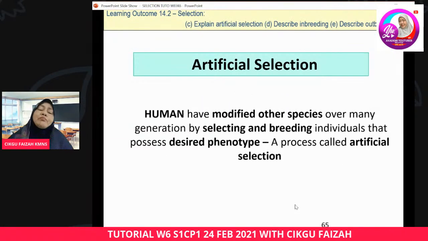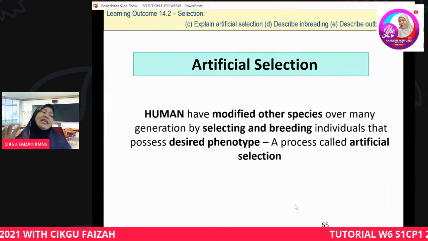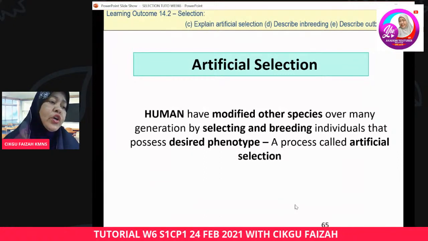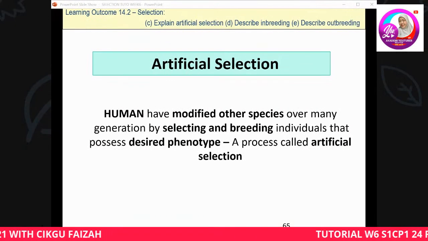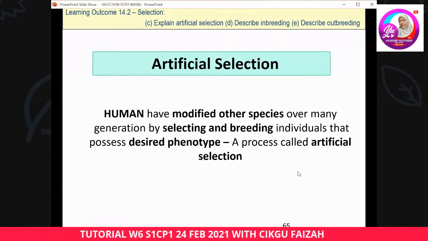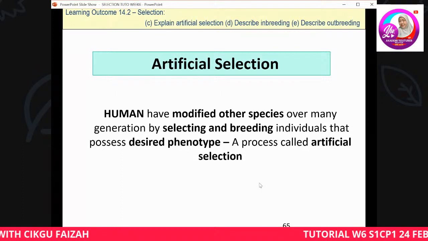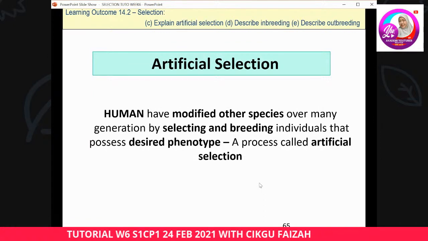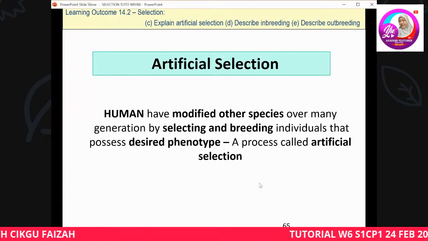Now teacher wants to go to our last objective, which is artificial selection. As the name says, it is man-made. With nature, can you interfere? Are you the one that determines nature? No, there is no human intervention for nature. But for artificial, yes. For artificial, we are the ones that modify, choose, select and breed. Those who are interested in becoming a veterinarian, one of your tasks later will involve this artificial selection, besides ecologist and conservationist roles.